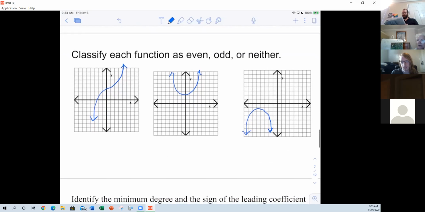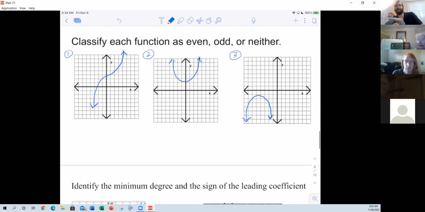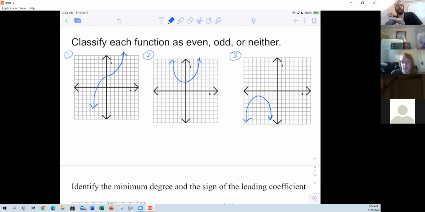Okay. This first one, even, odd, or neither? Number one, I'd say is neither. It does not go through the origin. It's also not the same on both sides of the y-axis. It's not symmetric to the origin, and it does not pass through the origin. So how could we make it odd?